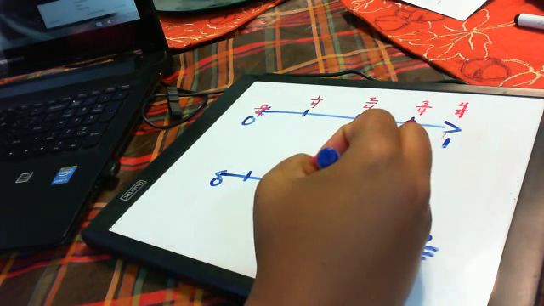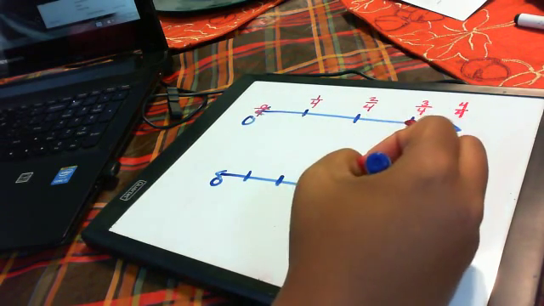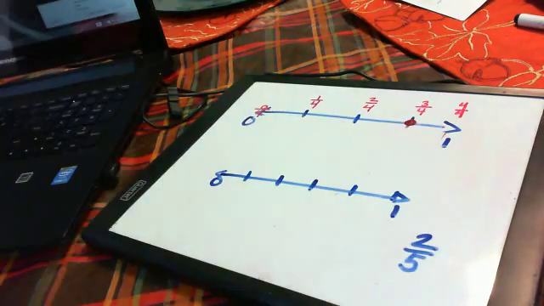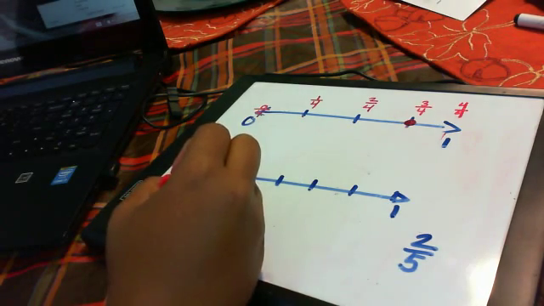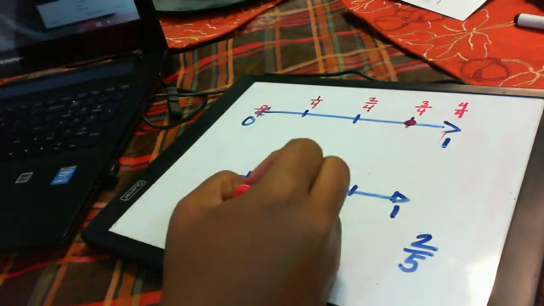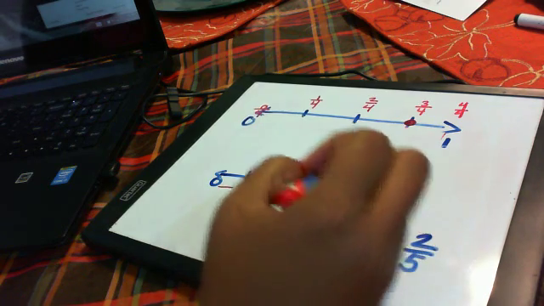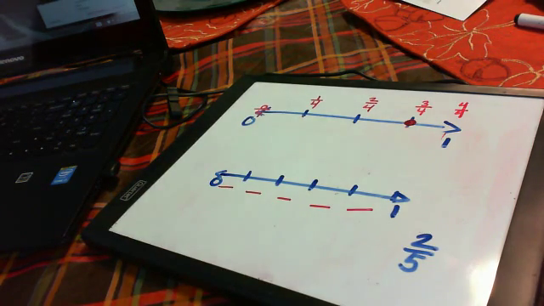And over here, I would need 4. And technically, this would be my 5th one, which is where my 1 is. So, check to make sure we have our parts. So that's 1 part, 2, 3, 4, and 5 parts. And so with our parts, we know that we have 5 different segments.